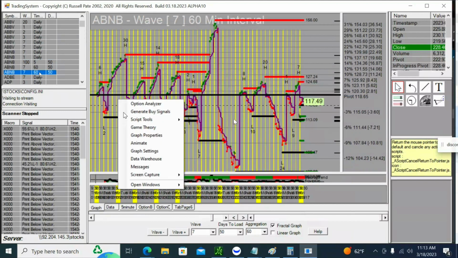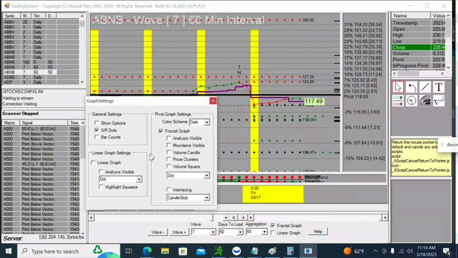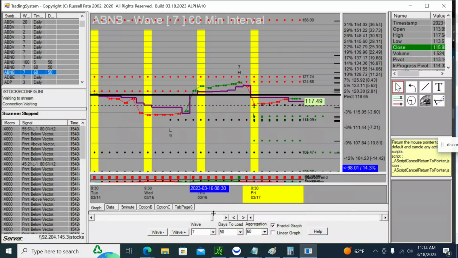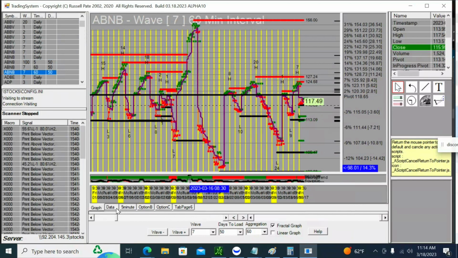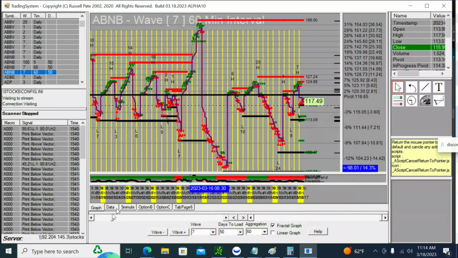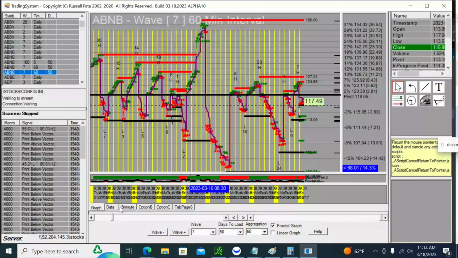So these volume squares, what it does is these squares are looking at the volume and where it's trying to come in at.